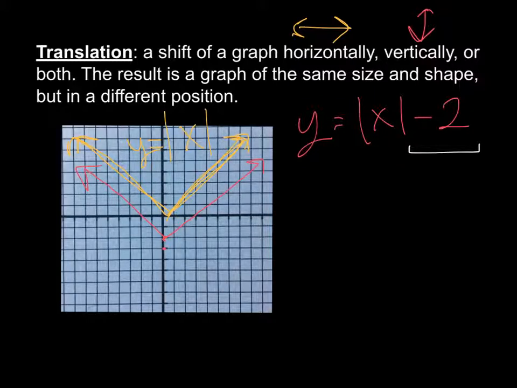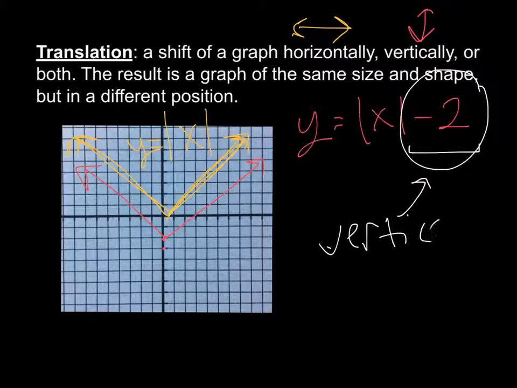Well, the graph shifted down on the y-axis. So this part of an absolute value equation determines the vertical shift. And it takes the sign that's there. It says -2, and it shifted down 2 on the y-axis.